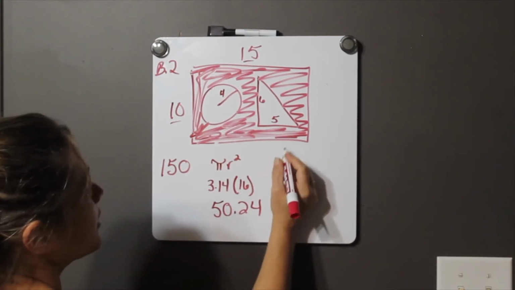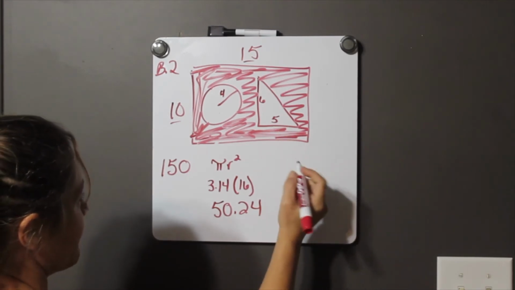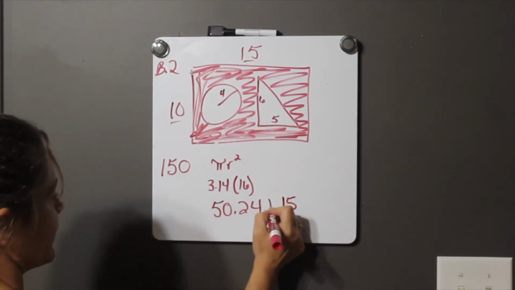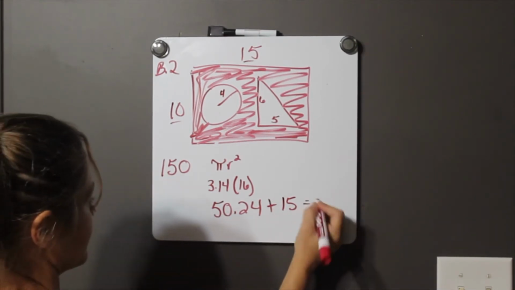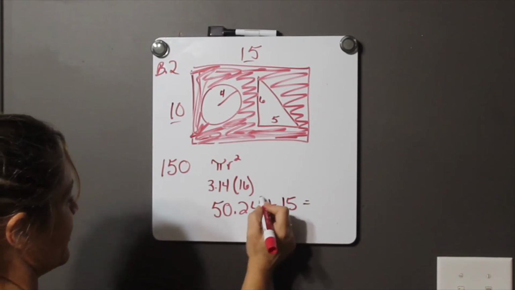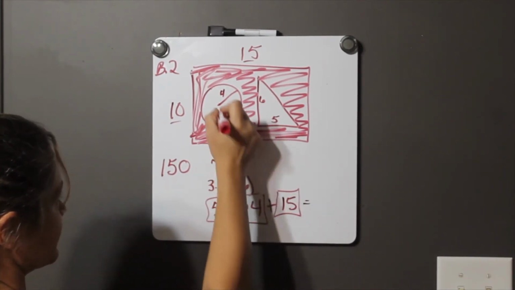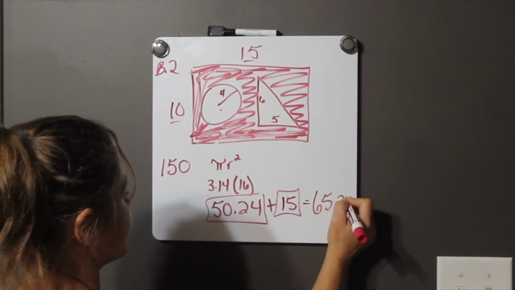Now the triangle is base times height divided by 2. So 6 times 5 is 30. Divide that by 2 and you're going to get 15. Alright, we're going to add these two together and then subtract the total from our 150. This is the total of the non-shaded portion. So we got 50.24 and 15. That one is the circle, that one's the triangle. So that'd be 65.24.